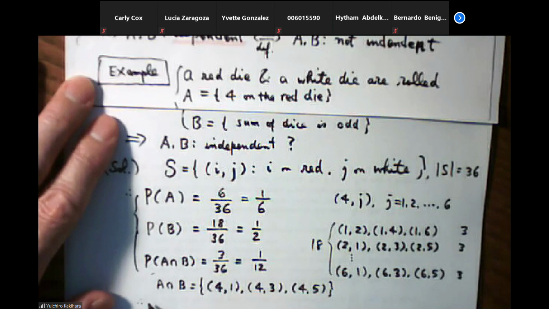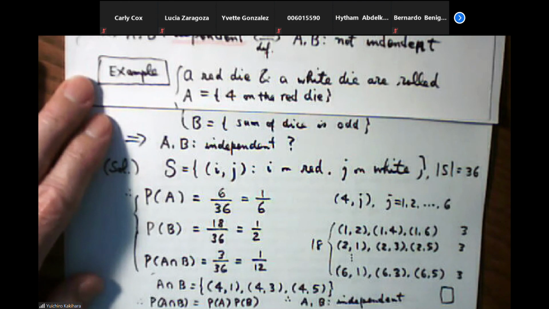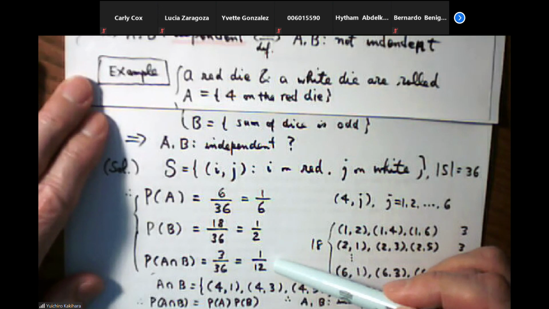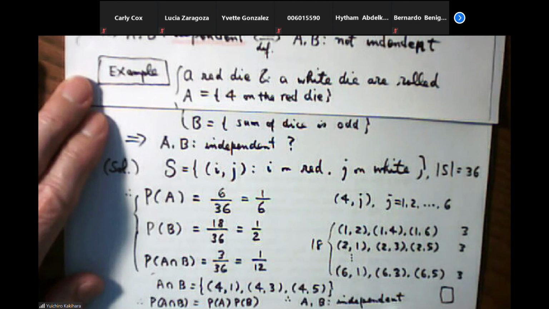So we have seen that P of A intersection B is equal to P of A times P of B. This time this is 1/12. So the conclusion: A and B are independent. Calculate each probability, P of A, P of B, and also P of A intersection B, and then take the product of these two and see whether it is equal to the intersection probability or not. In this case, yes, so they are independent. This is a way we can verify.